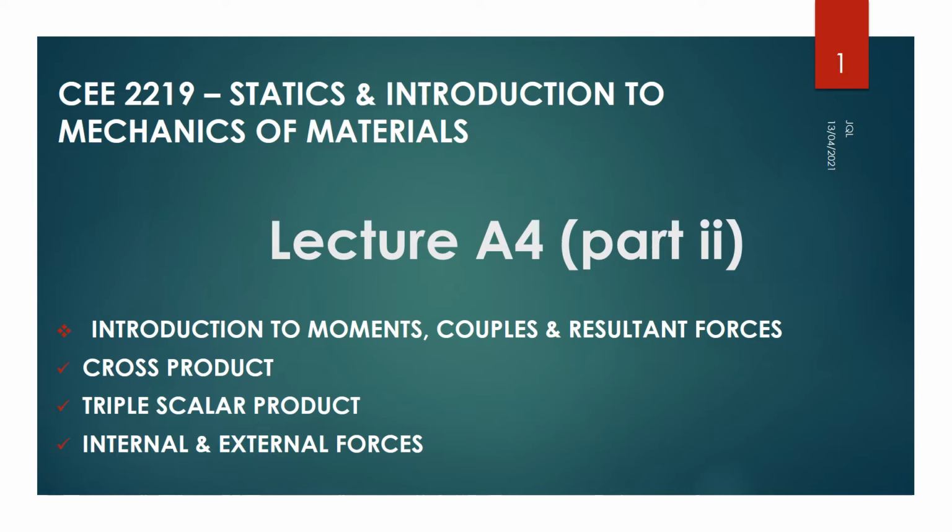That is where I introduced to you the cross product, where I used V equals P cross Q, which is also the same as P times Q times sine theta.